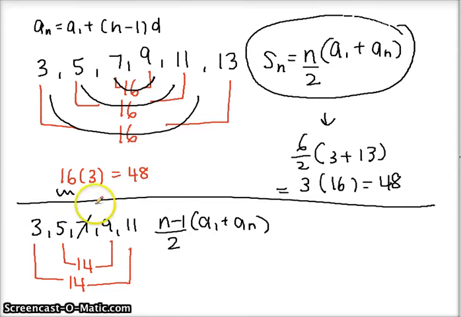In this case, we have 5 numbers in the sequence, but we're subtracting the middle number, so we only have 4 numbers, and we're dividing that by 2 to have these 2 pairs right here. But then we also need to add this number into the sum, because we're not just going to skip that number. What we realize is that 7 is the middle of 3 and 11. So how do we find the middle? Well, we go 3 plus 11 divided by 2.